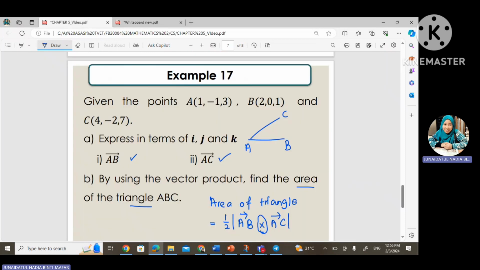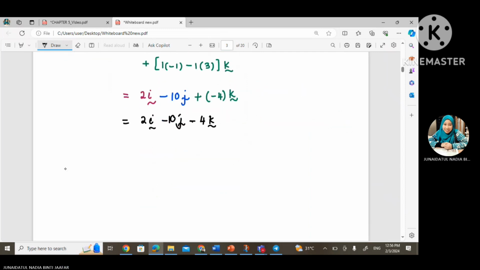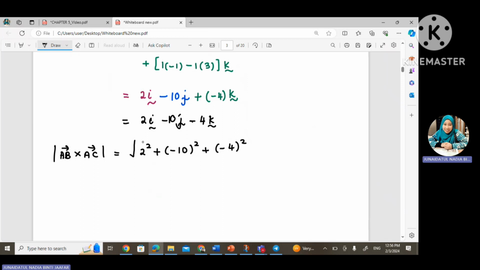Back to the formula. We already found AB cross AC, and now we must find its magnitude. The magnitude is equal to the square root of 2 squared plus negative 10 squared plus negative 4 squared.